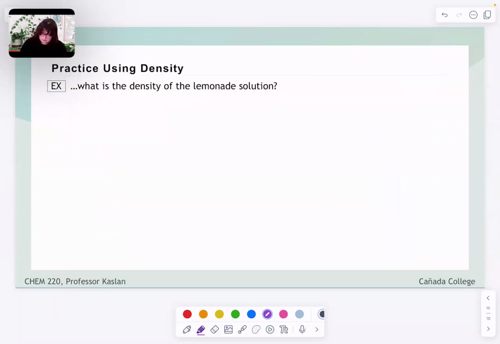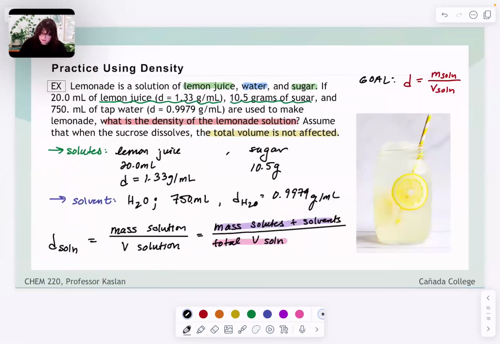Okay, so what is the density of the lemonade solution? So mass of solutes is equal to the mass of lemon juice plus the mass of sucrose. Going back to my information that I had gathered in the first part of this problem, the sugar, I know exactly the mass that I added.